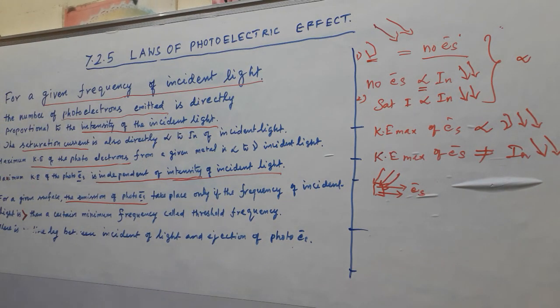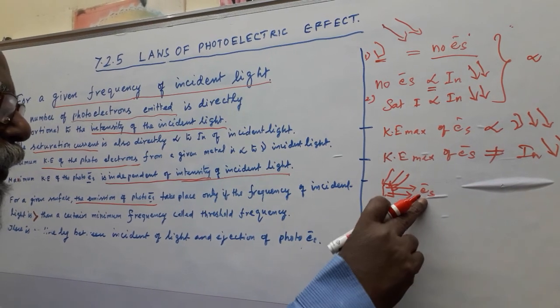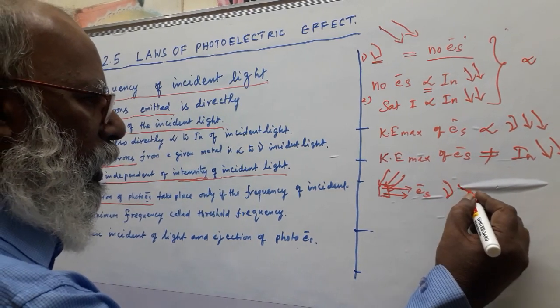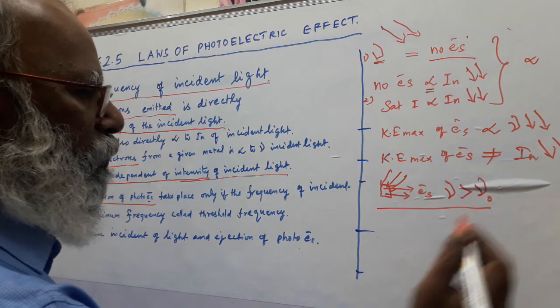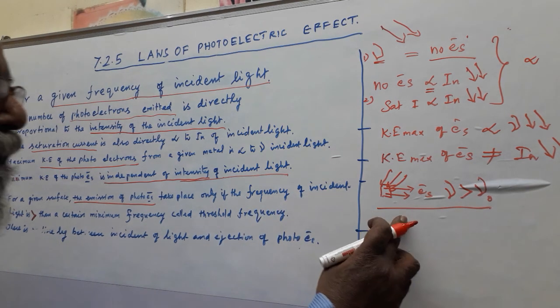Here, the photoelectrons are ejected only if the frequency is greater than the threshold frequency. That's all. This is the simplest form of explanation. Can you understand clearly?